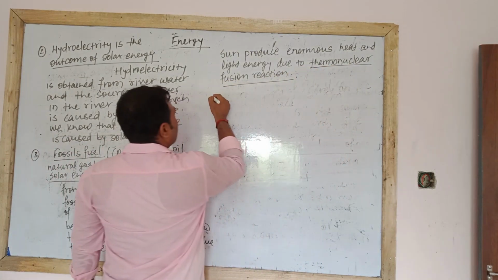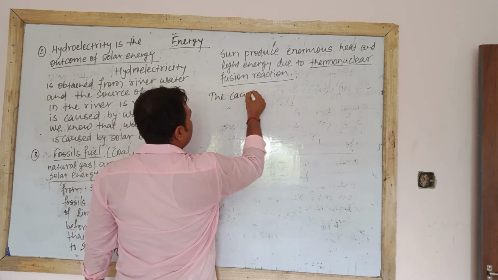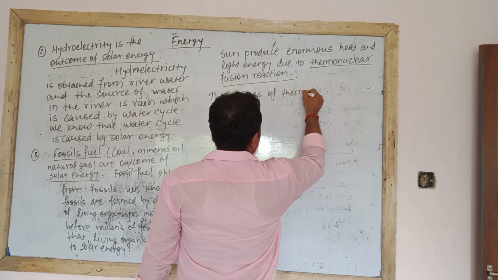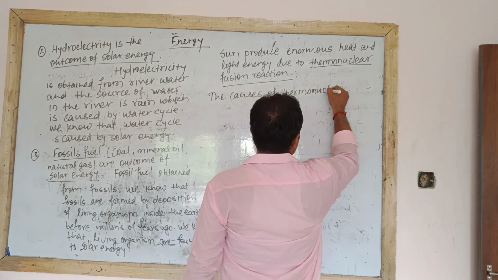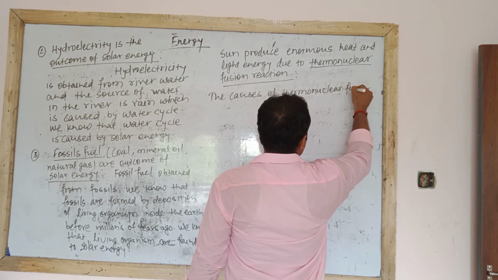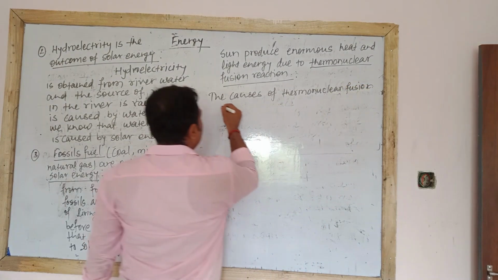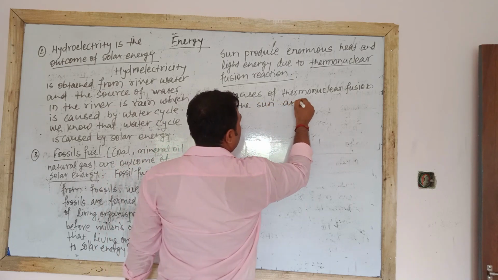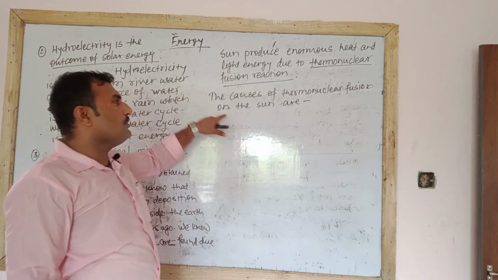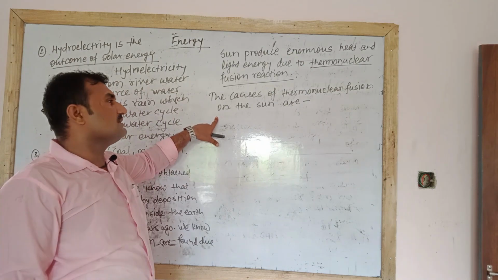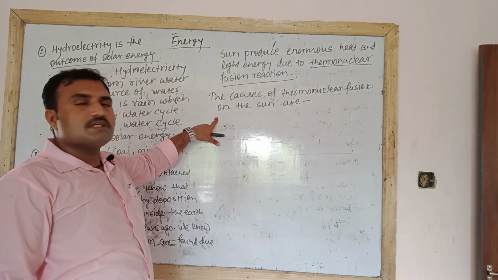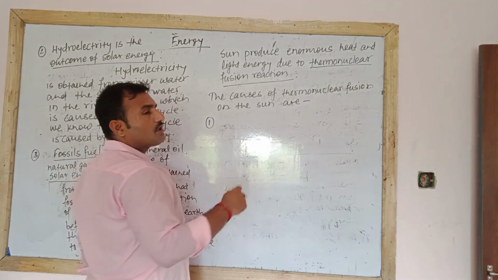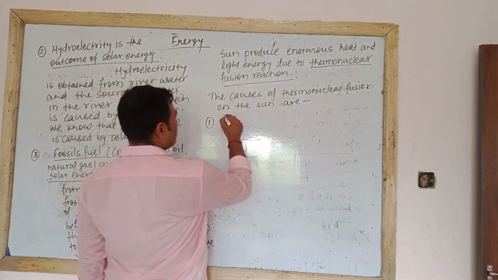And the causes of thermonuclear fusion on the sun, or why that thermonuclear fusion takes place on the surface of a star or the sun, is mainly caused by a star or sun containing sufficient hydrogen.